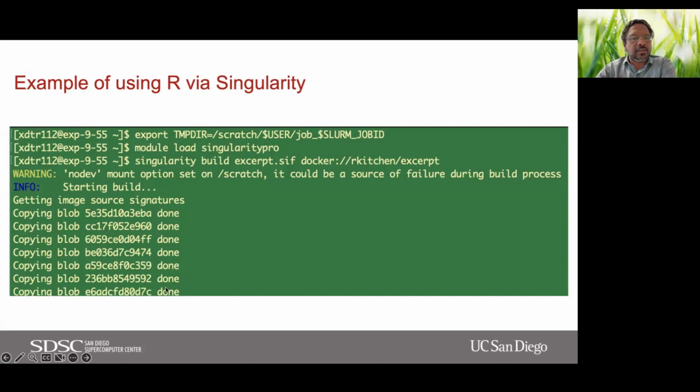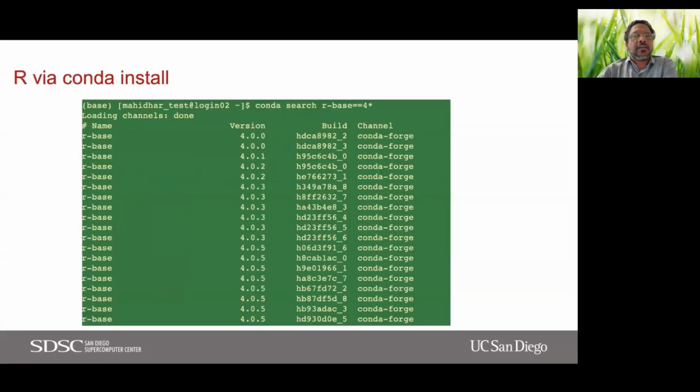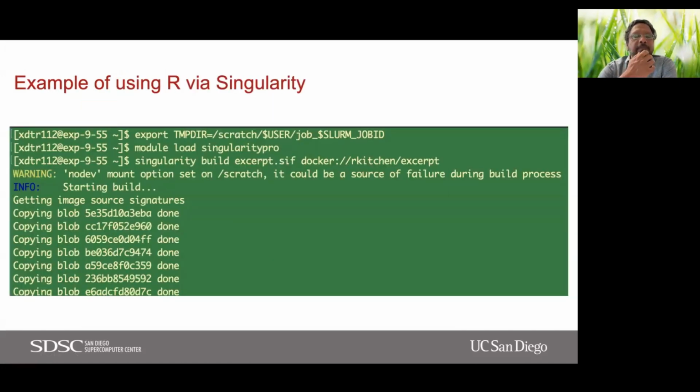So when you do that, it'll start building the image and it'll download a bunch of the blobs with the parts of the Docker image, and then put together the Singularity image.